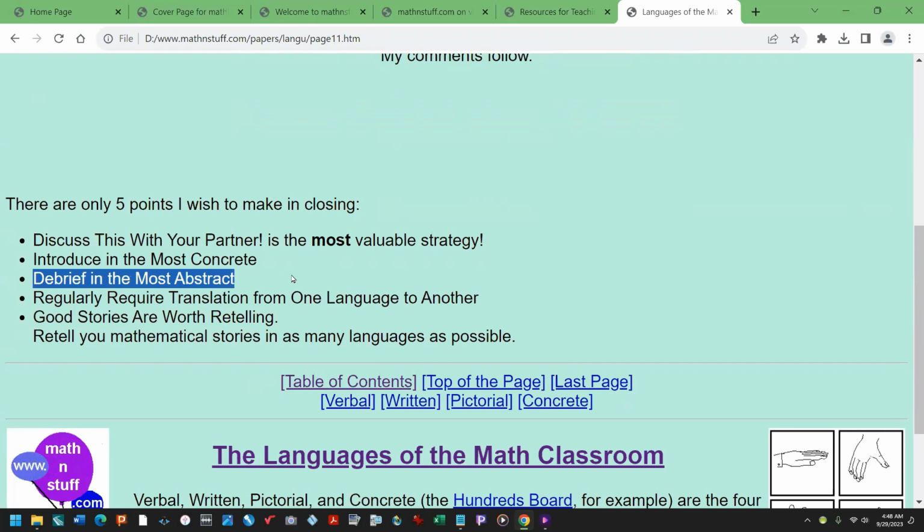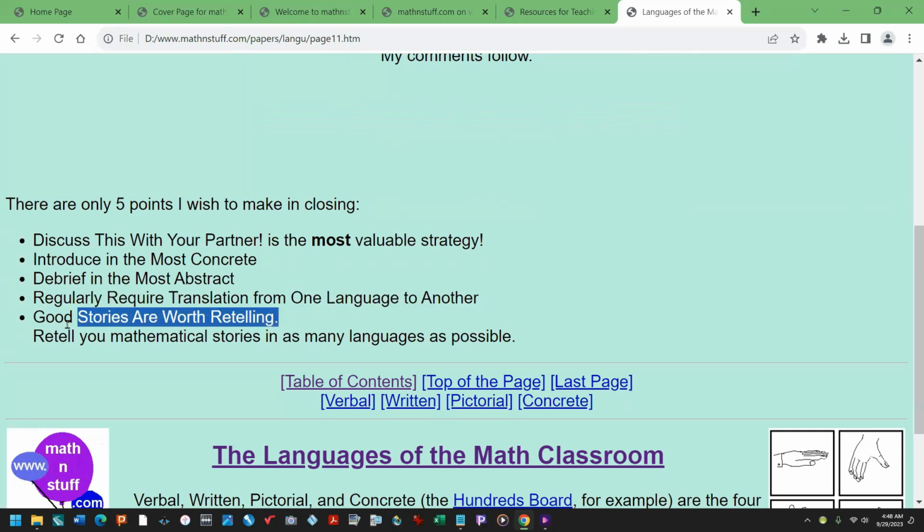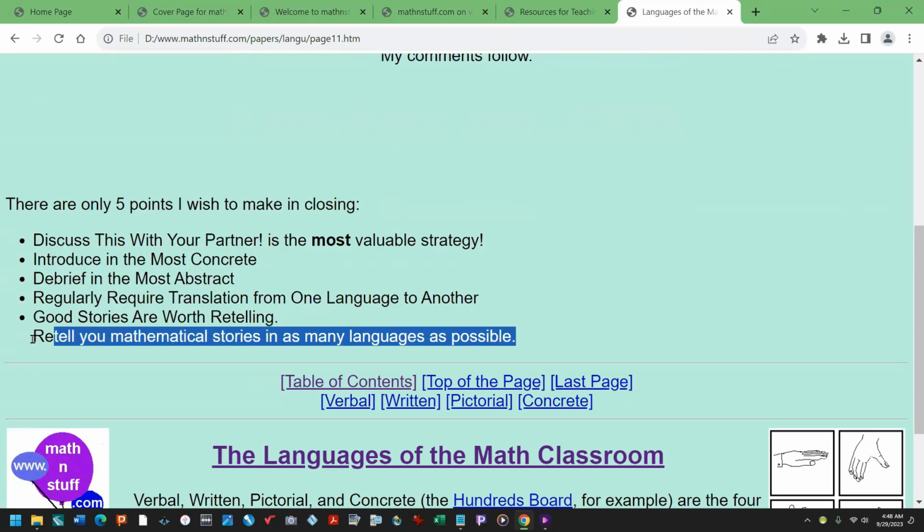Debrief in the abstract, the most mental. Regularly require translation from one language to another. Do it in the verbal. Do it in the pictorial. Do it in the concrete if possible. Good stories are worth retelling. Tell a story in as many math languages as possible.